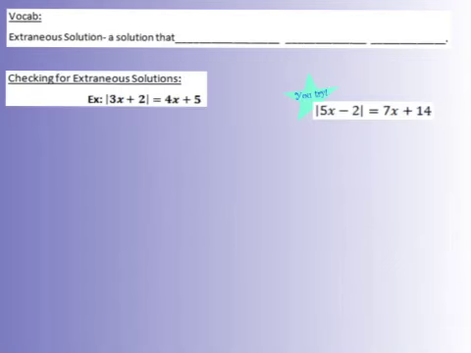Alright. The last thing to look at in the Part 1 notes is looking at extraneous solutions. Now, an extraneous solution is a solution that does not work. So I told you we're always going to have 2 answers. Well, sometimes for absolute values, you do all the work correctly and you get 2 answers, but one of them, if you actually plugged it back in, it doesn't work.